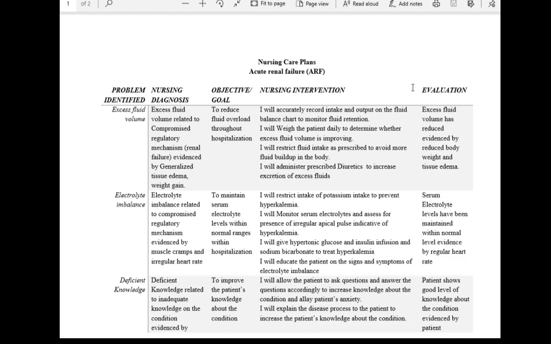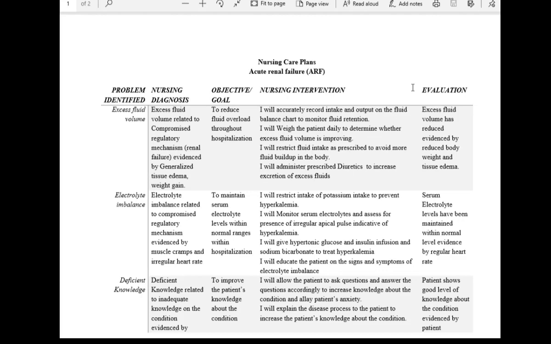So our first problem is excess fluid volume. So in renal failure, you find that because of increased fluid retention, you will have a lot of fluid in the body, and that is actually our first problem.